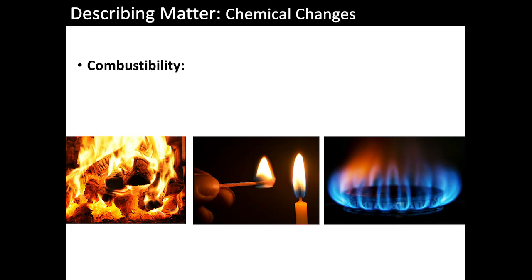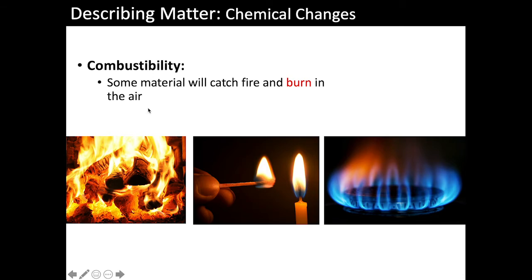Combustibility is another good sign that a chemical change is happening. Some material will catch fire and burn in the air, like burning wood. When you have a fire, we talked about this at the beginning of the year, you need to have an ignition source, you need to have material to burn, and you need to have oxygen.